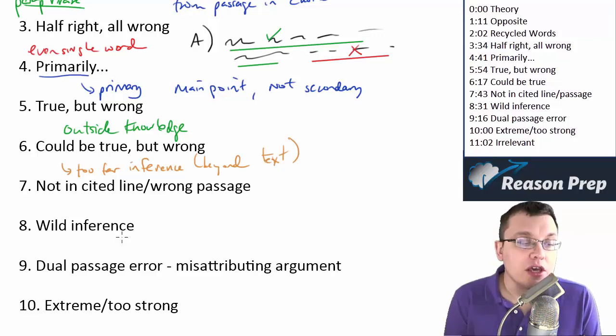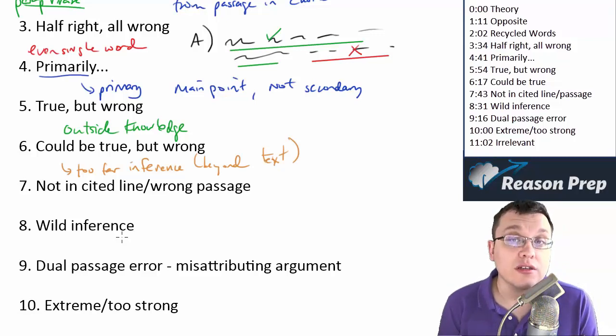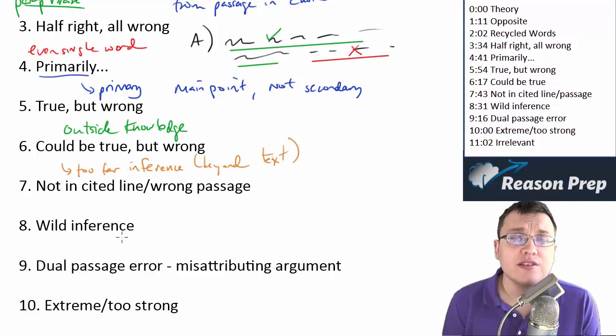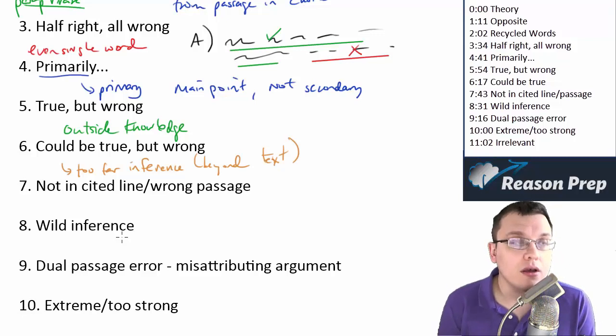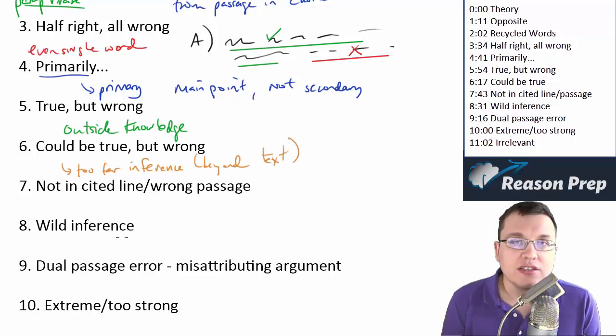And let's say the passage goes through all these different reasons why a student doesn't like math. Let's say one of the choices says something having to do with the student not liking science because it has math in it. Right? Maybe the choice says, John doesn't like science because it has math.